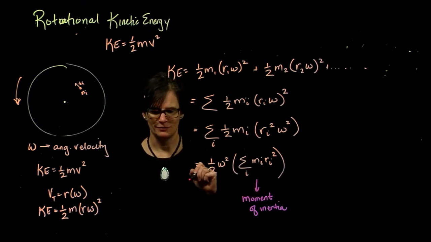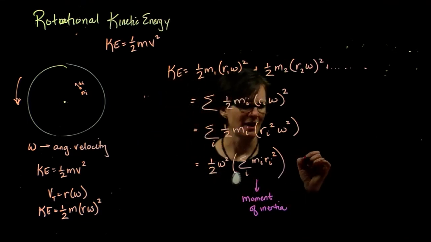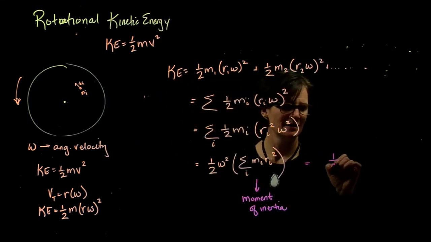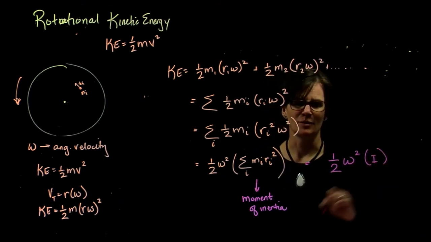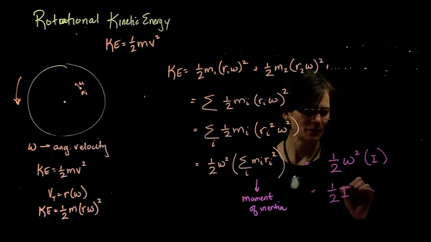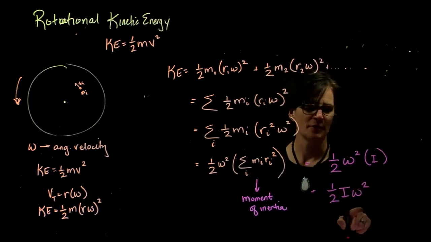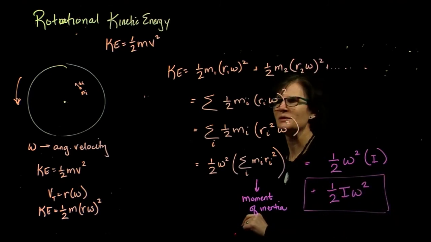All right, well, that tells us then that the kinetic energy is 1/2 omega squared times that moment of inertia, which, if I rearrange it, we have 1/2 I omega squared. This is the kinetic energy for rotation.